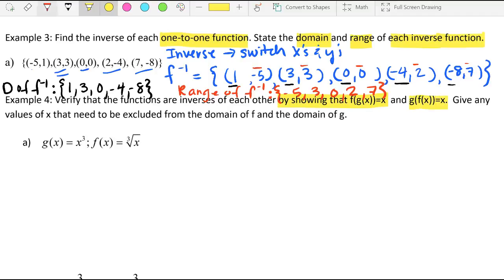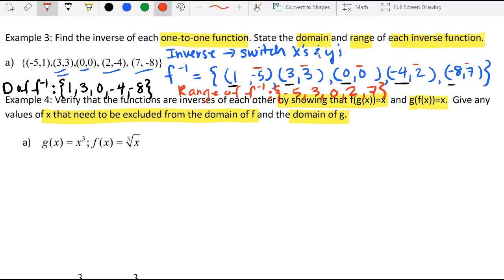Then it says to give any values of x that need to be excluded from the domain of f and the domain of g. That means, do I need to exclude things that make the denominator 0? Or do I need to exclude things that make the radical negative? That's what it meant by that.